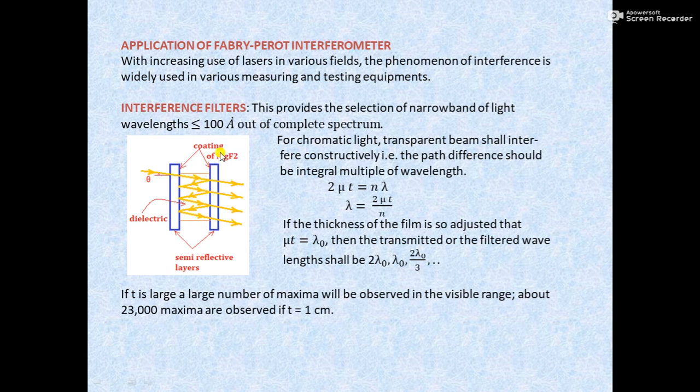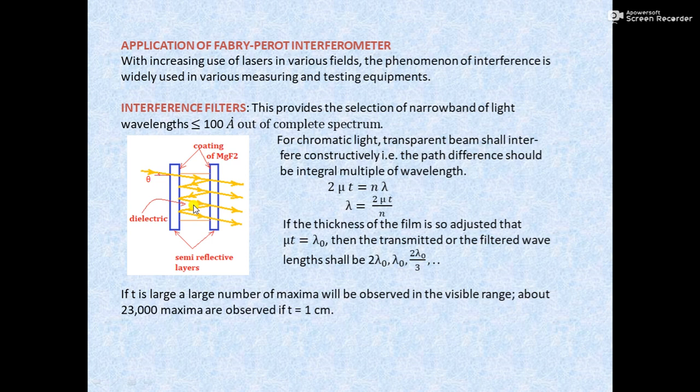Here we have seen magnesium fluoride is used, MgF2. The path difference between two successive emergent parallel rays for normal incidence can be written as 2μt, if t is the distance between the glass plates and μ is the refractive index of the medium enclosed inside the glass plates.